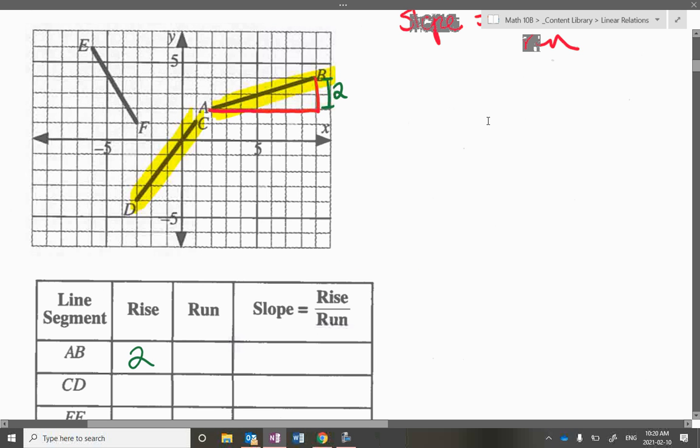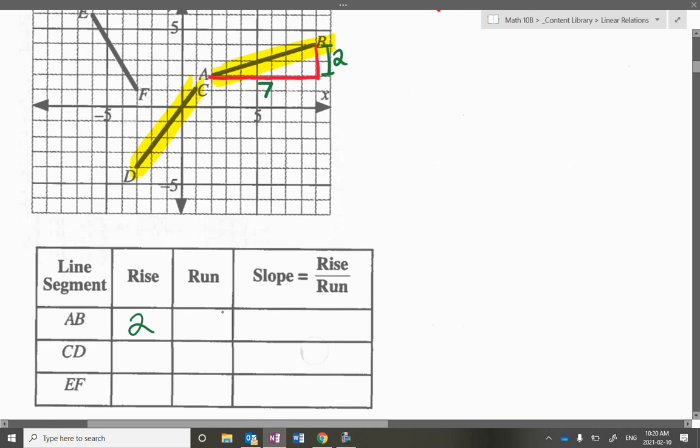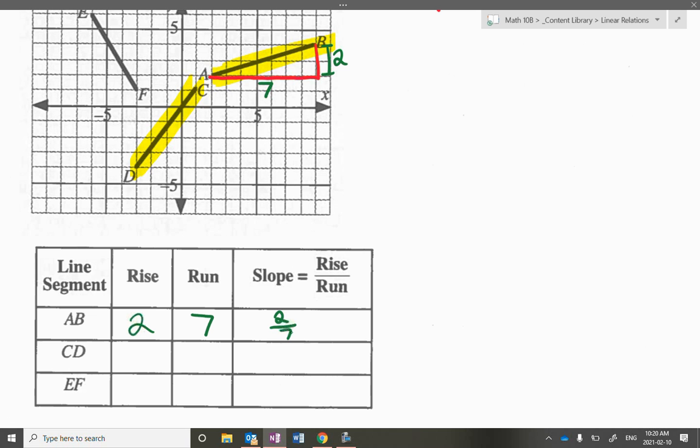What did we get? 7. Good. So our run is 7. So our slope is rise over run, or 2 over 7. Generally speaking, leave your slope as a fraction. It's more helpful. But if it's a nice number, like 1/2, you could put it as 0.5. We'll get more into that later on.